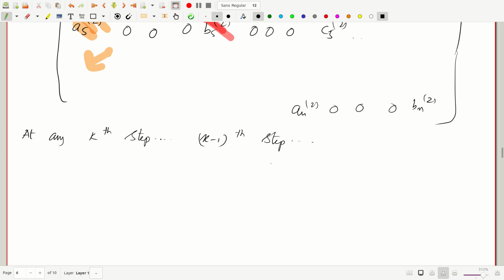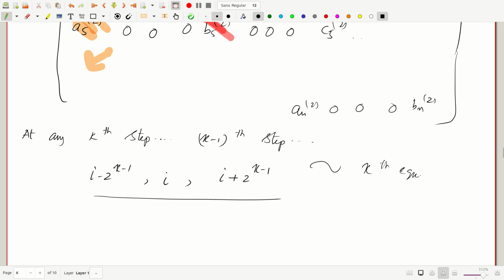That means at the k minus 1 step, we will be working with the i minus 2 to the k minus 1 equation, the ith equation, and the i plus 2 to the k minus 1 equation. So we'll be working with these 3 equations, and once you eliminate, you're going to get the kth step equations, right?